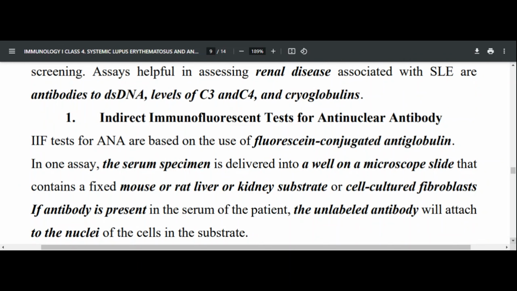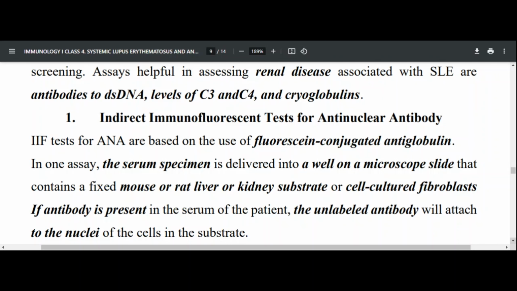If those antibodies are present in the serum of the patient, the unlabeled antibodies will attach to the nuclei of the cells in the substrates, whether kidney or liver substrate cells, or cell-cultured fibroblasts.